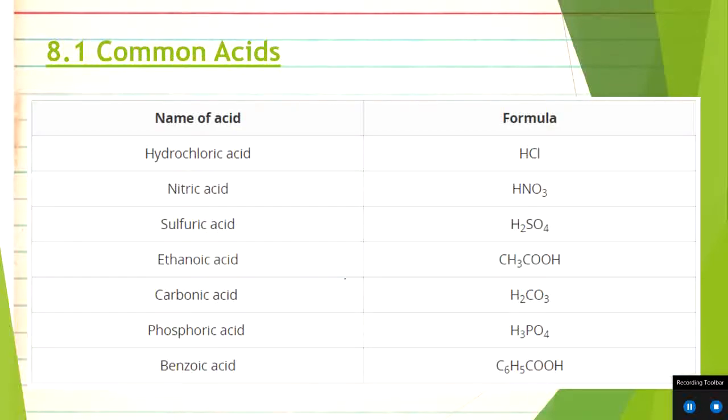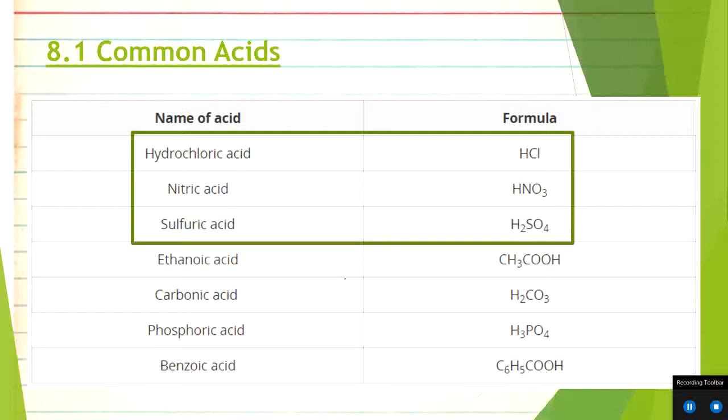Okay, lastly, here are some common acids that you should know. These are ones you should recognize, know them off the top of your head. Okay, so we have hydrochloric, nitric, sulfuric. I'll let you guys look at the list of these. One important thing to know is when we talk strong and weak acids, these ones highlighted in green here are the strong acids that you should know.